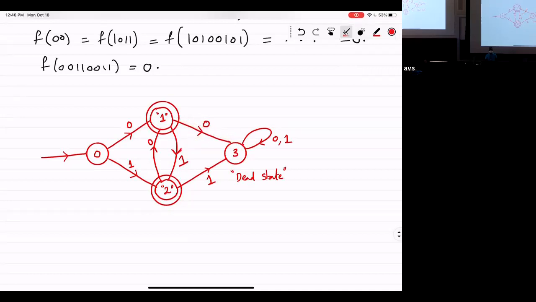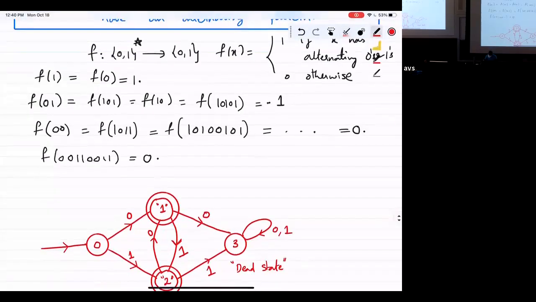Any questions? Yeah, that's a good point. My specification was not entirely accurate because I didn't tell you what you should do on the empty string. Let's say the empty string should also be accepted.